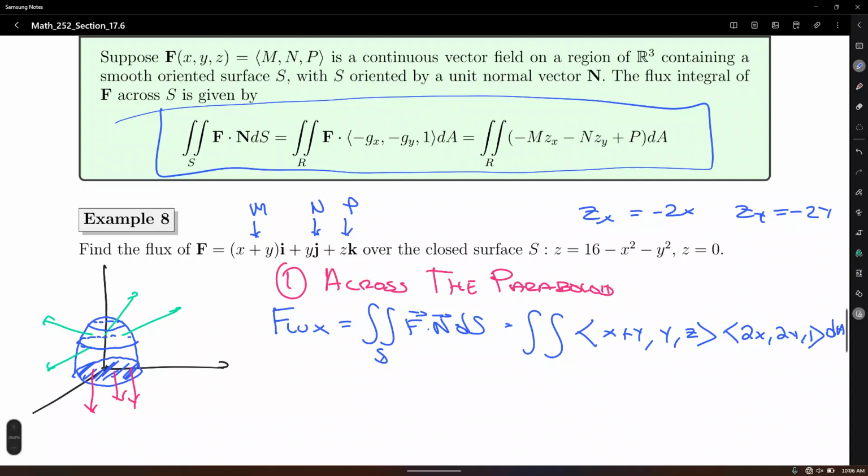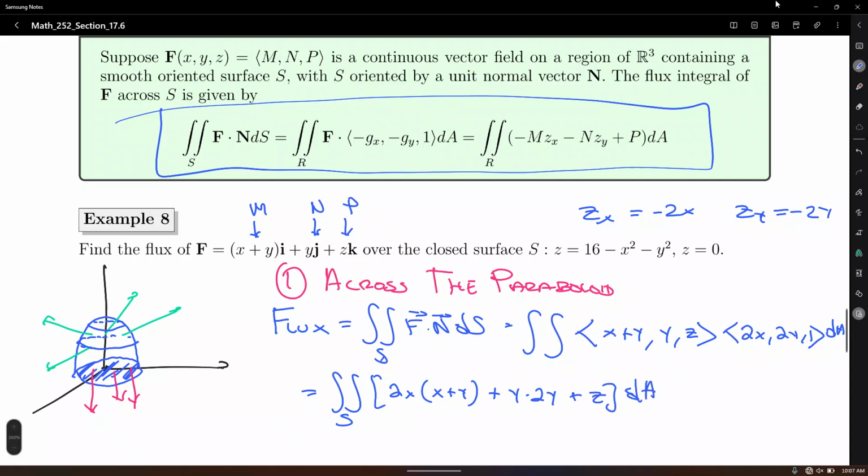dA. Let me do at least the dot product. So the dot product will be the double integral over the region, not over the surface S, of 2x times (x plus y), plus 2y times y, and lastly, z times 1, which is z, dA.